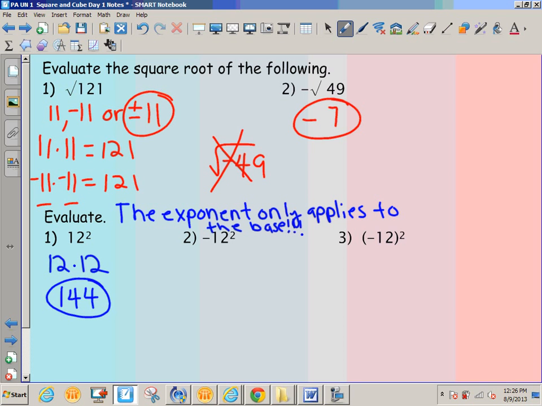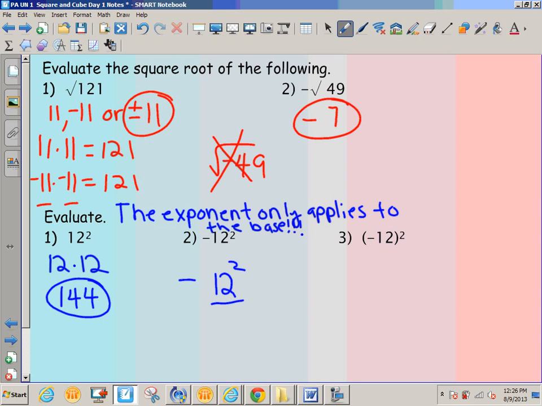As far as number 2 is concerned, if I'm telling you that the exponent only applies to the base, then what I mean is that there are 2 parts to this: the negative and then 12 raised to the second power. So if the exponent only applies to the base, then it applies to just the number 12.